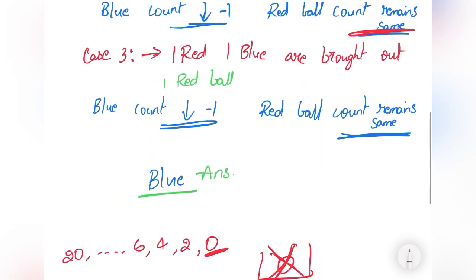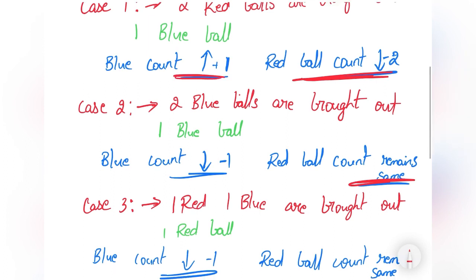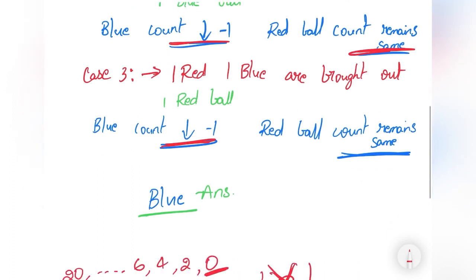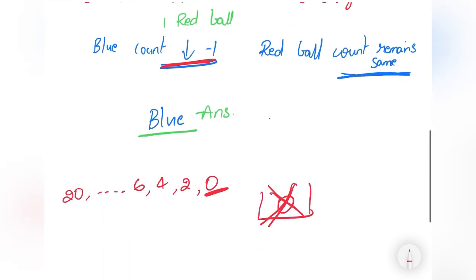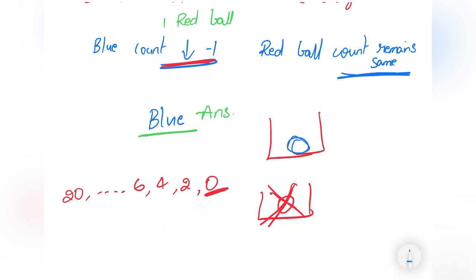But there is a 100% chance that you will be left with a blue ball, because the blue ball count increases by 1 or decreases by 1. So finally, if you are left with only one ball in the box, that will obviously be blue, and red balls will be finished in even numbers. So you will never be left with a single red ball in the box. So the answer is blue.